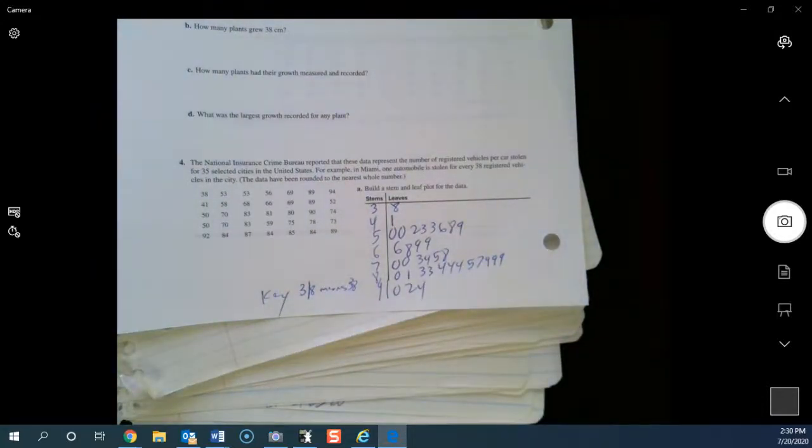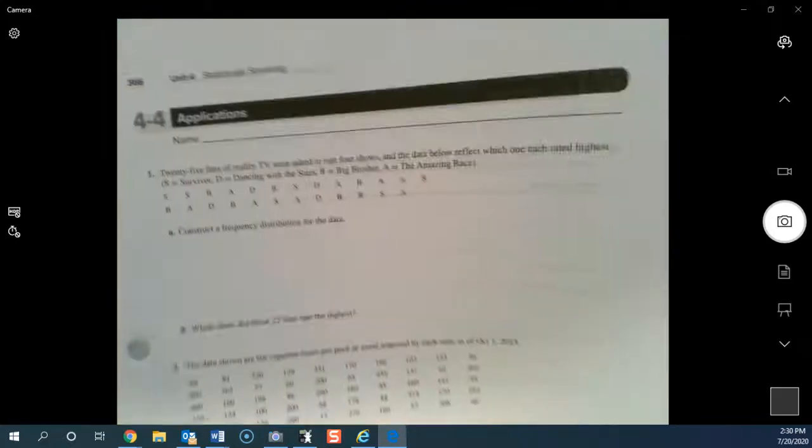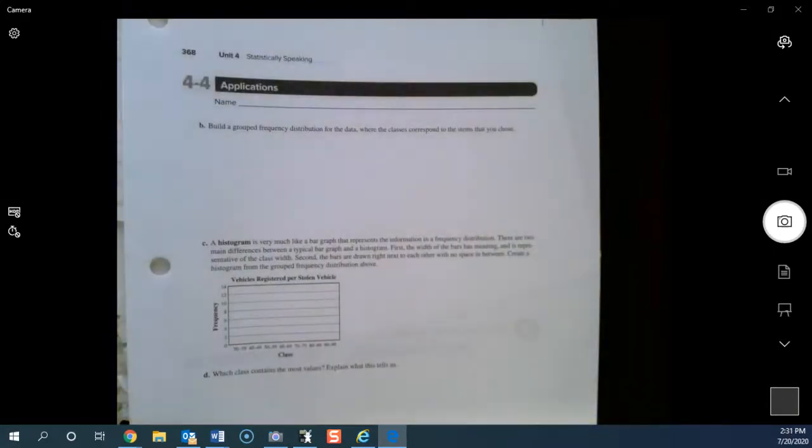Okay, now we'll move on here to B on the next page. It says build a group frequency distribution for the data where the classes correspond to the stem that you chose.